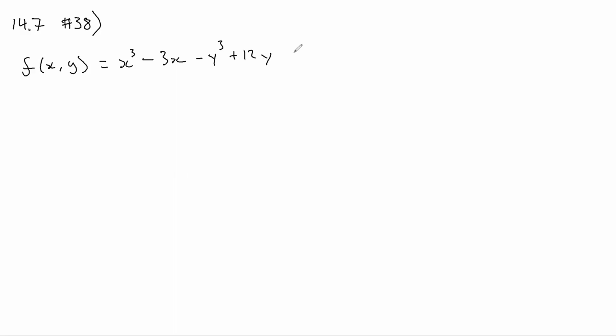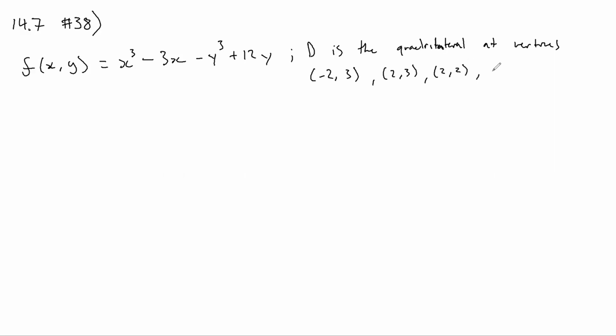And it specifies that D is the quadrilateral at vertices -2, 3, 2, 3, 2, 2, and finally -2, -2 for the final vertex.